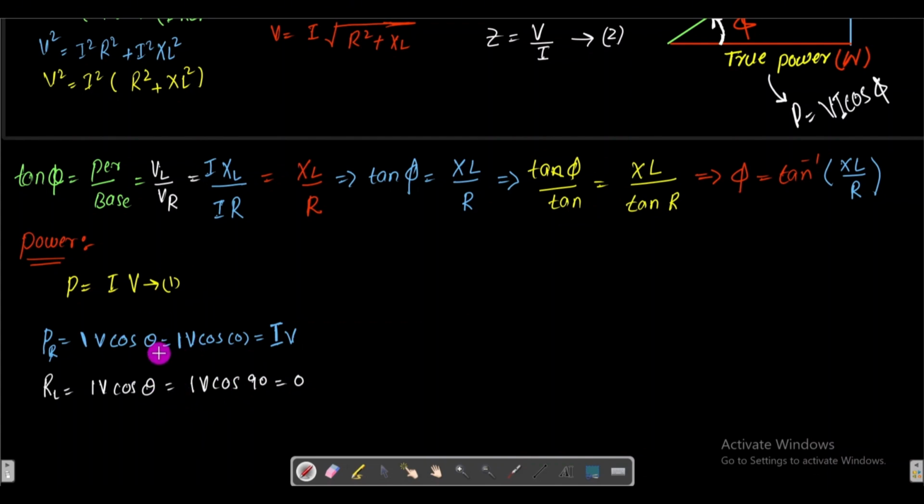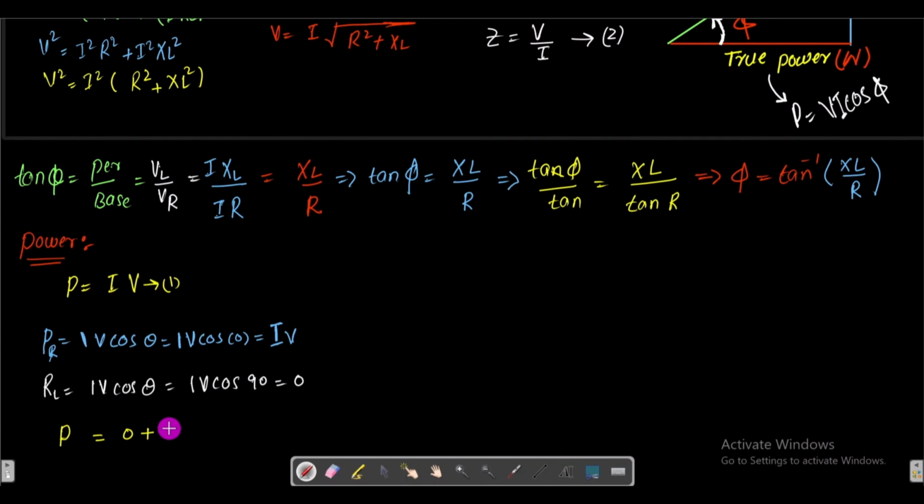Okay, so from here the average power is given by the power of the resistor and the power of this inductor. The power of the inductor is 0 and the power of the resistor is given, which has some value.